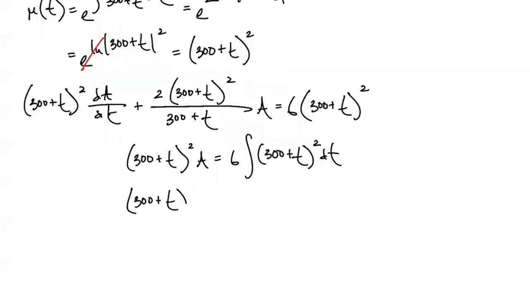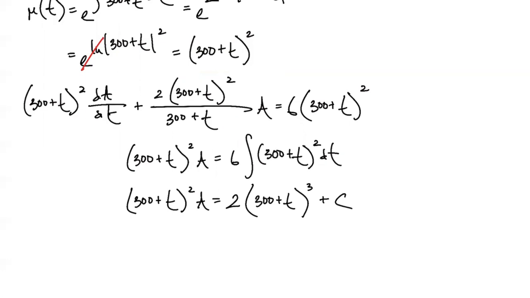The left-hand side stays the same. The right-hand side, 6 over 3, will give us 2 times (300 plus t) cubed plus C. Don't forget that C. That's part of what we're solving for. So if we forget to write it, we might also forget to solve for it.